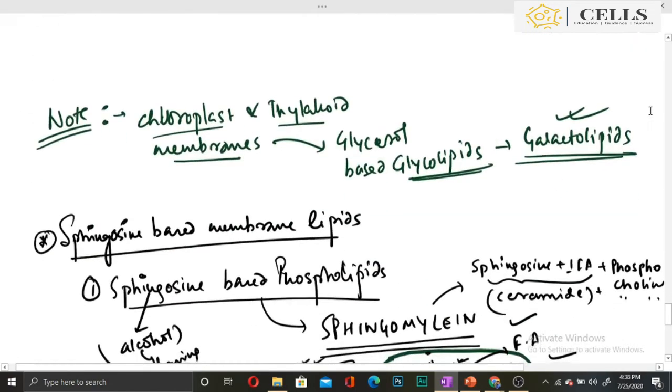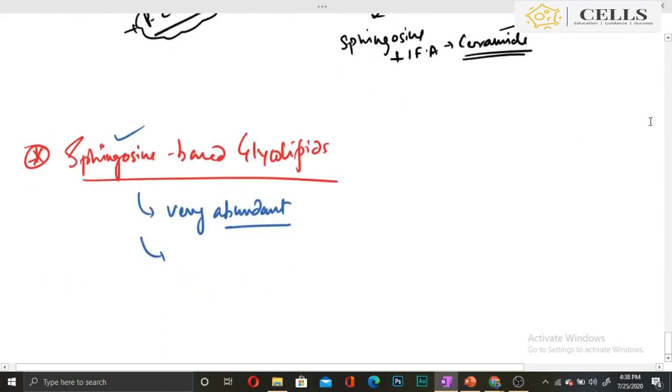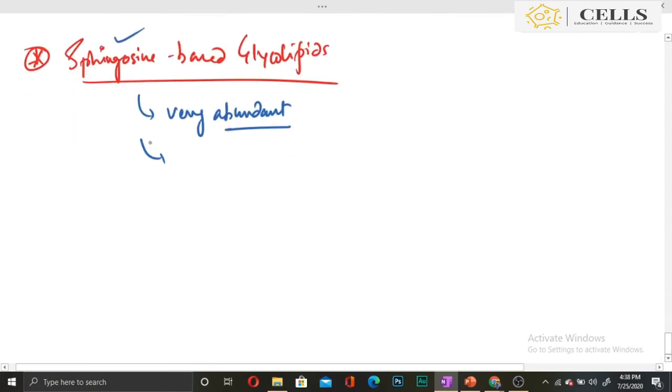I am just going to write it again so that you can revise it. They show total asymmetry.